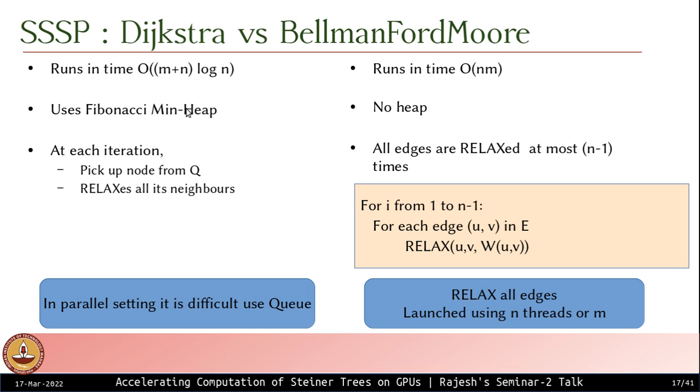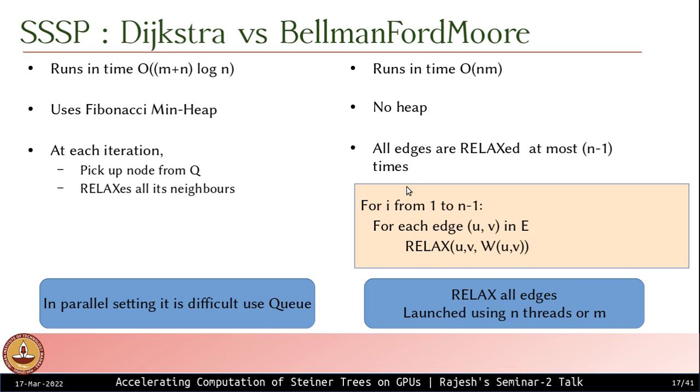It uses a heap data structure, whereas Bellman-Ford does not. So what does Dijkstra do? It picks one node from the queue and relaxes all its neighbors. This is the main operation that we will be doing: we take a particular node and relax all its neighbors. Bellman-Ford, on the other hand, relaxes all the edges at most n-1 times.